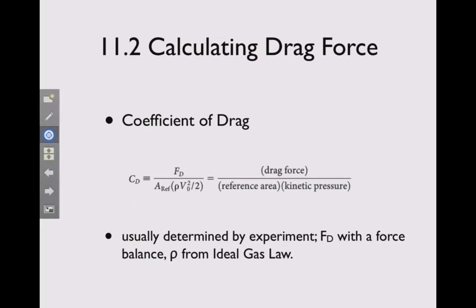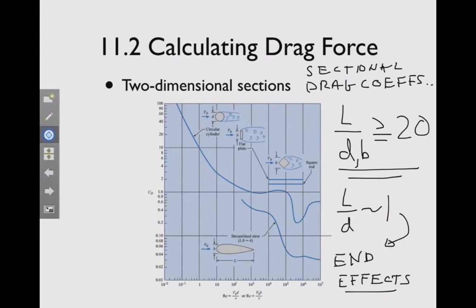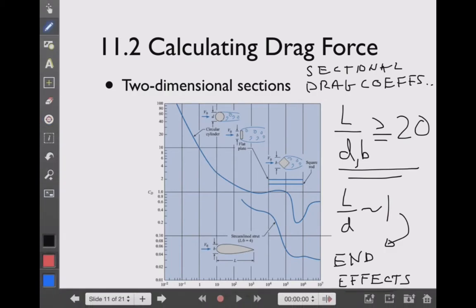Again, this was an idealization of an infinite cylinder, or an infinitely long or nearly infinitely long section, like a cylinder or a flat plate. By infinite, we mean that the length of the body over its relevant cross section needs to be greater than or equal to 20.